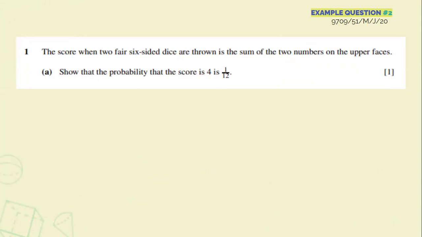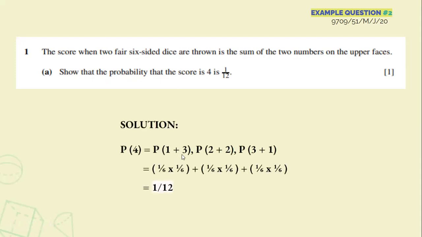And each of the probabilities is 1 over 6, since from the question we learned that it is a fair six-sided die. Here is the solution. We can just multiply them, for all the possible combinations, and we'll get 1 over 12. Hence, it is proven that the probability of getting a 4 is 1 over 12.